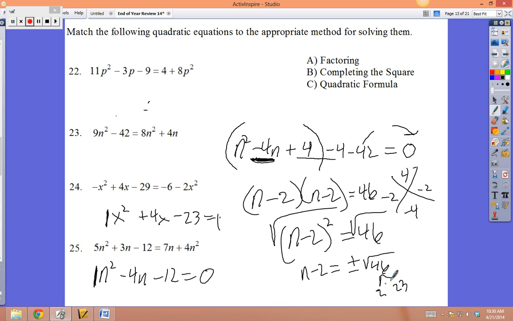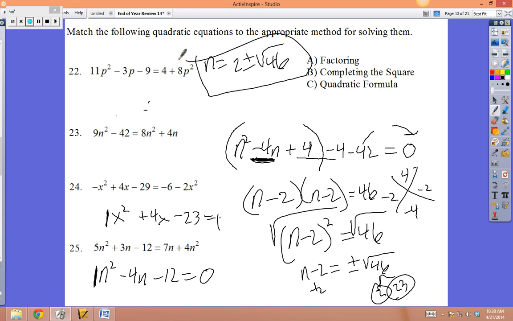And I don't think there is any squares in 46, because 2 is done and 23 is done. So maybe 46 is done. So now to solve for n, you just add 2 to this side and you add 2 to this side. So you got n equals 2 plus or minus the square root of 46. And that's your answer.